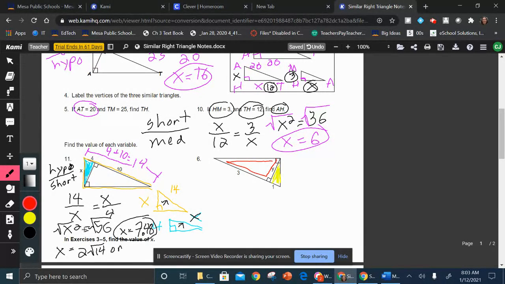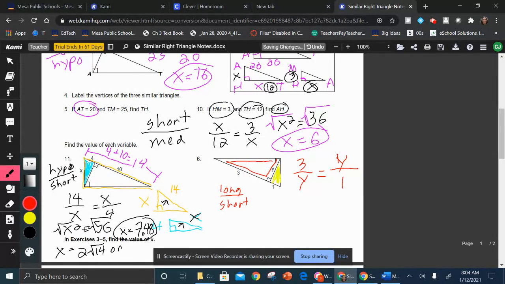We're going to put 3 over y, longer leg over shorter leg, is equal to y over 1.